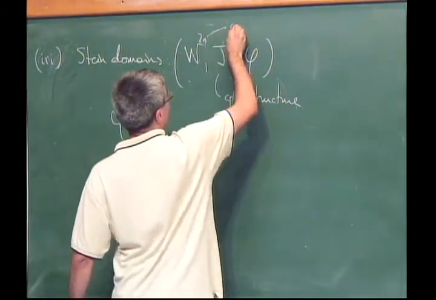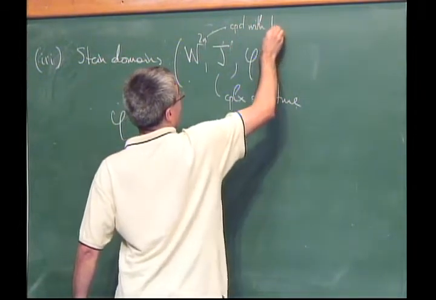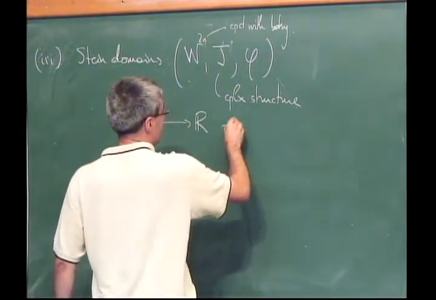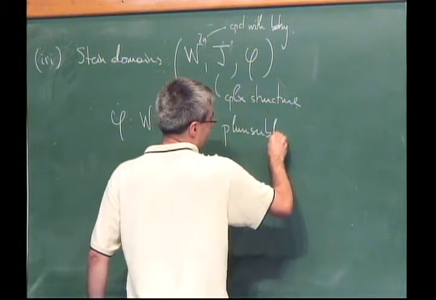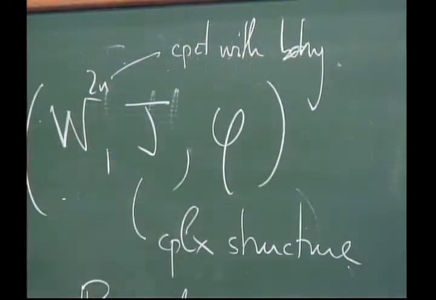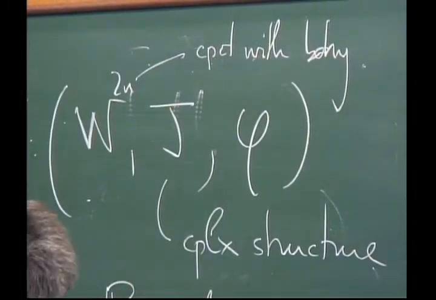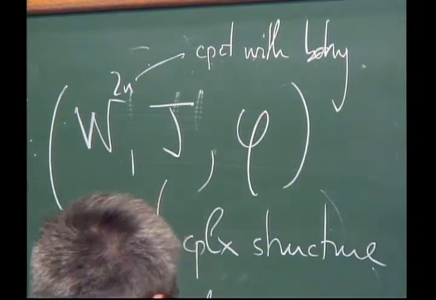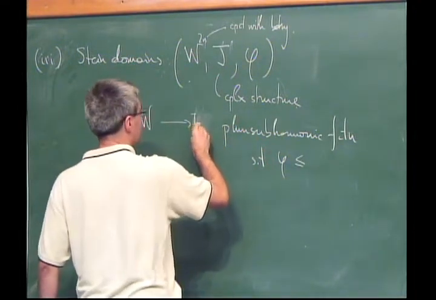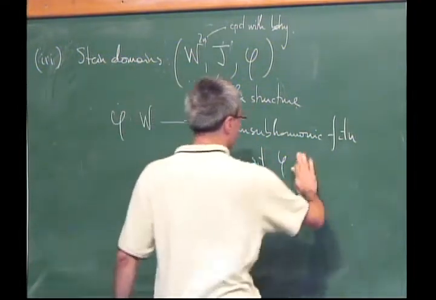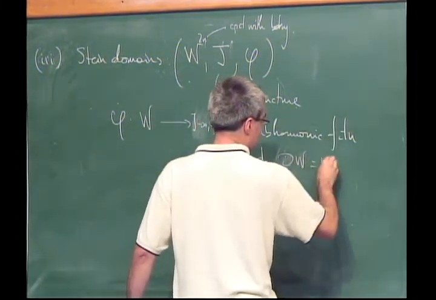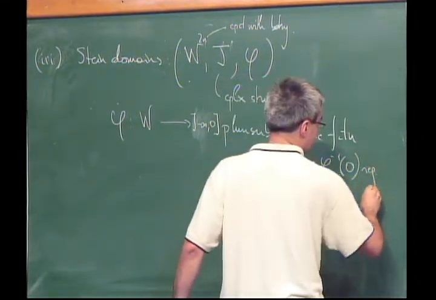So that's compact with boundary. I'm going to say what that means, such that phi takes values in minus infinity to 0, and the boundary is phi inverse of 0, a regular level.